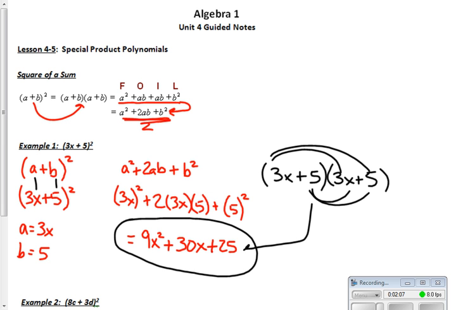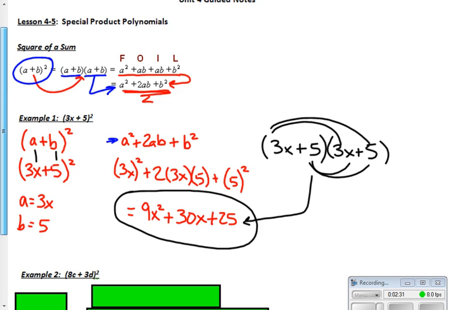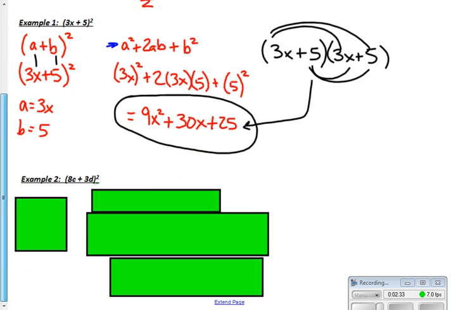Eventually, when you combine your like terms, you'd get that answer, 9x squared plus 30x plus 25. The biggest thing is if you recognize (a + b) squared, where you have a plus b and a plus b, know that you can use this equation and then you won't have to simplify. So practice that equation on your assignment.